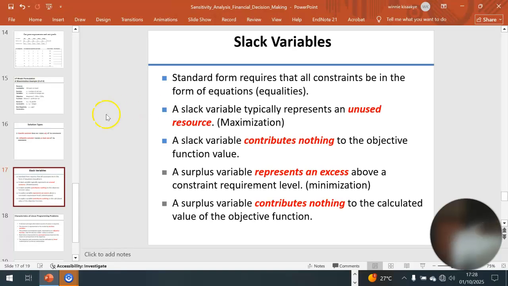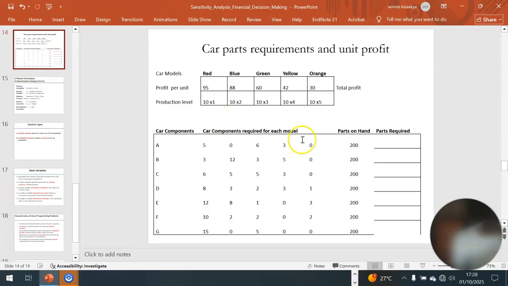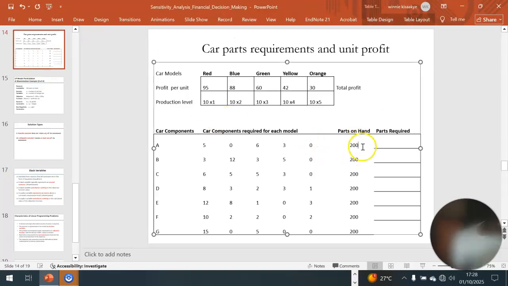So just as here we have 200 parts on hand, but you find here the parts required, you have maybe 50. It means the 150 has not been used. So in that case, the 150 will be the slack variable. Or you find we have 200 parts here, but here parts required are 250. It means the 50 will be the surplus, the excess of what is available.